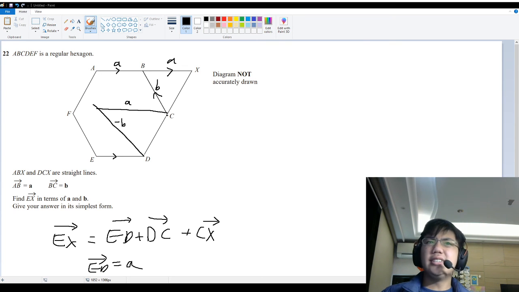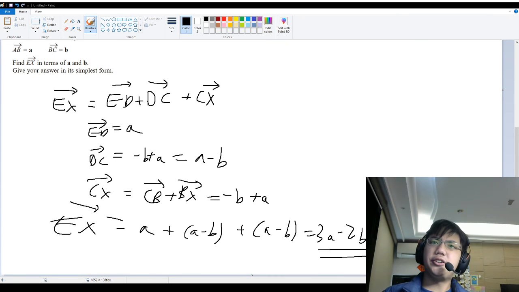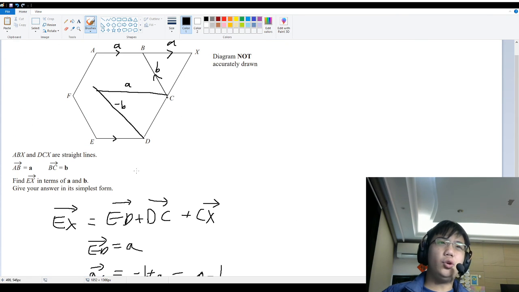What this means is to break up one vector into multiple steps: E to D, D to C, C to X as individual parts of the vector E to X. And you can break these down into smaller steps, such as D to C being D to this point here and this point to C, which is another way of saying D to C. Similar things can be said for C to X.